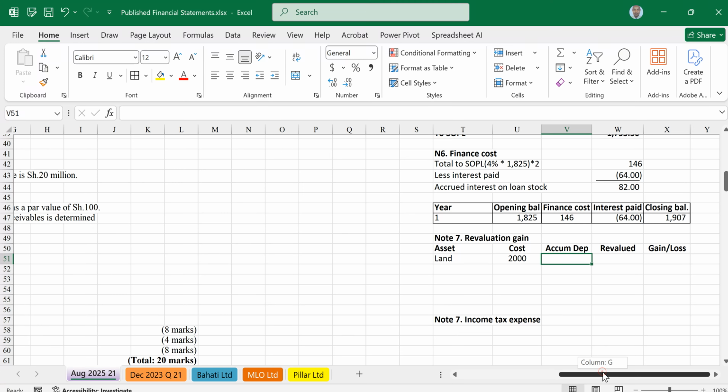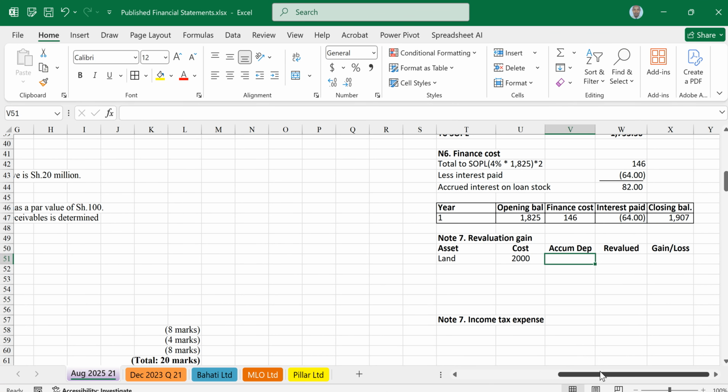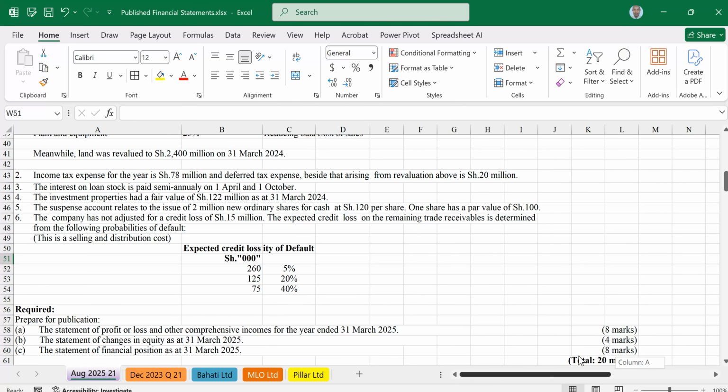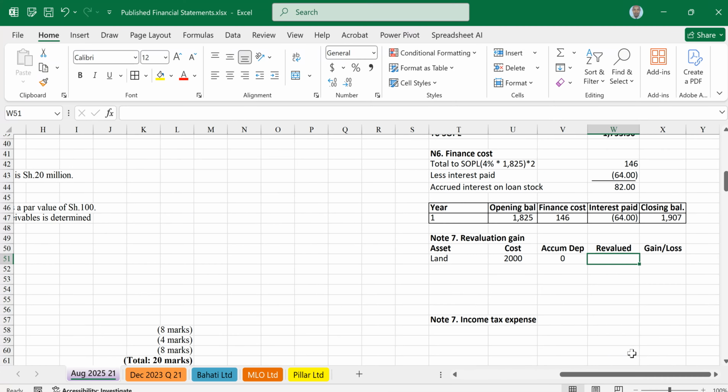Is accumulated depreciation, do we depreciate land? No. Land is not depreciated, so 0. What is the revalued amount? 2.4. We're given 2.4. What is the gain or loss? Land is not depreciated in most cases.